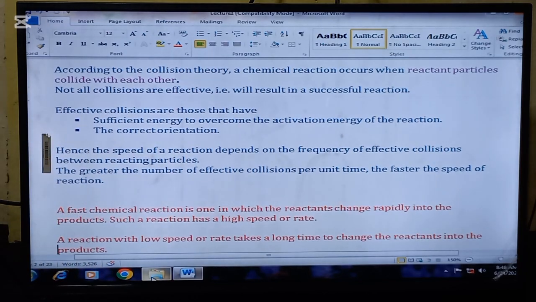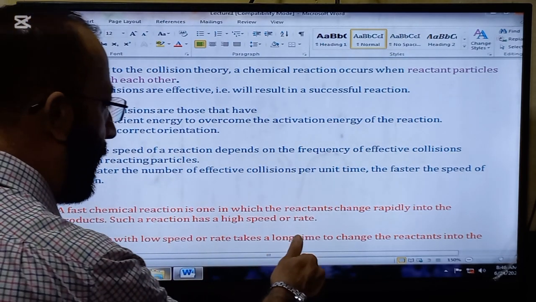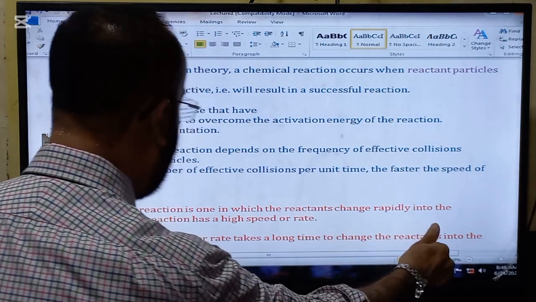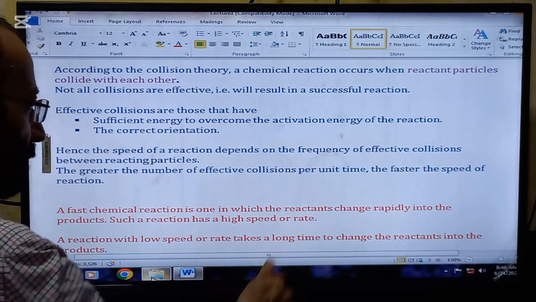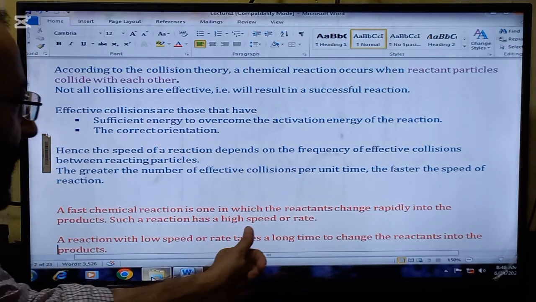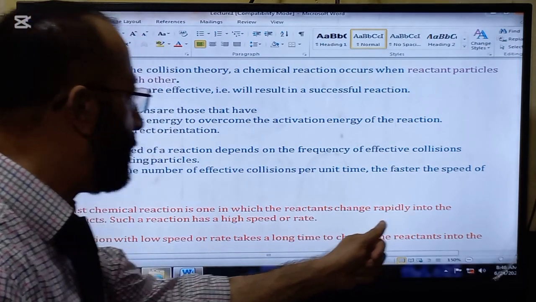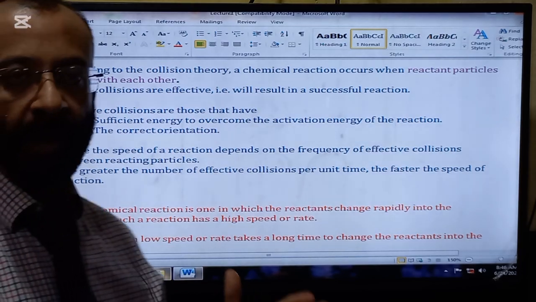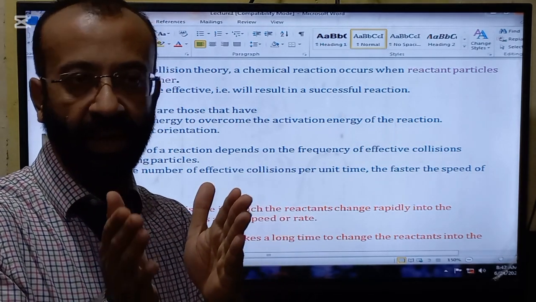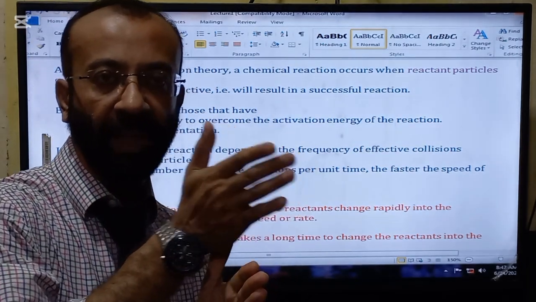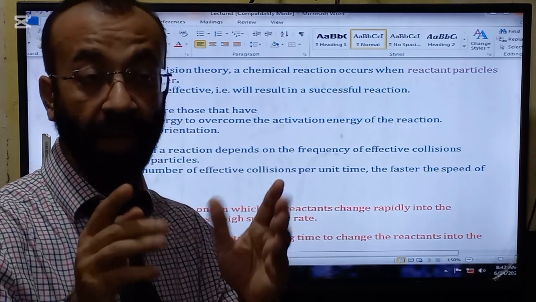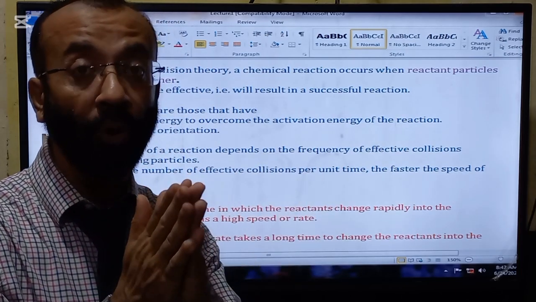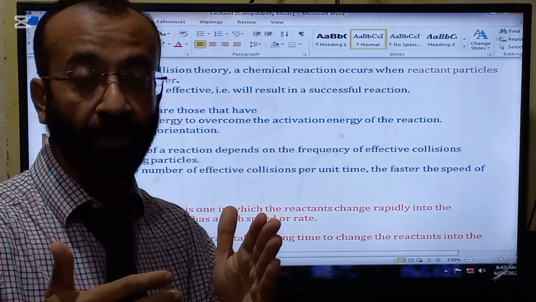A fast chemical reaction is one in which the reactants change rapidly into the products. Such a reaction has a high speed of reaction because reactants are rapidly changing into products. So reactants will be converted rapidly into the product when successful collisions are more and frequency is more.